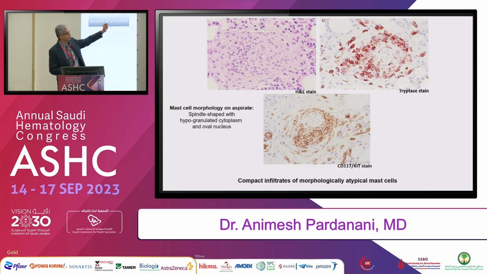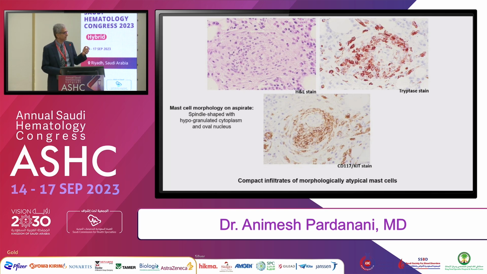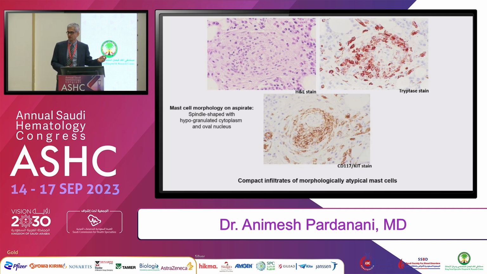They're more spindle-shaped. They're elongated with flat nuclei. And of course, the mast cells can be more easily delineated when you use sensitive stains like tryptase or CD117. And these stains should be used to assess the bone marrow biopsy sections in every patient that you are evaluating for mastocytosis.